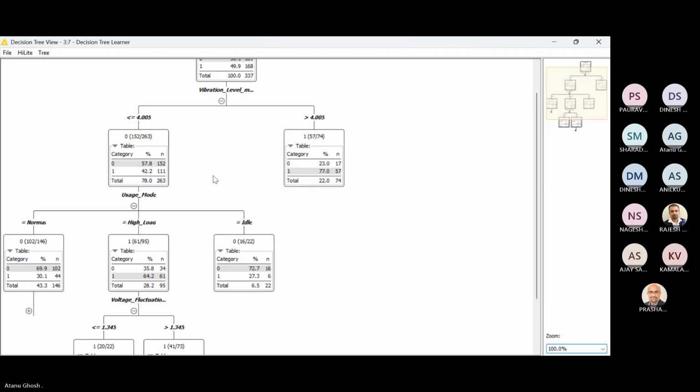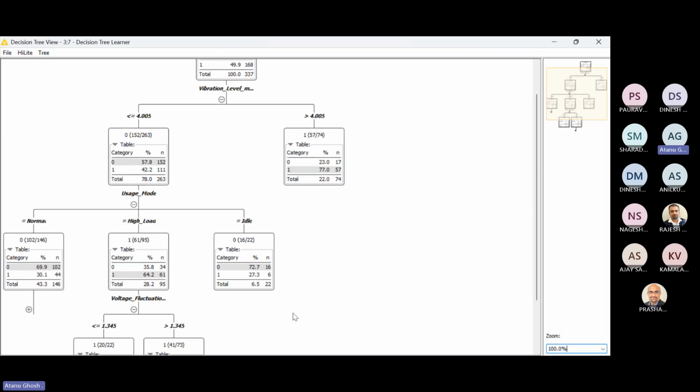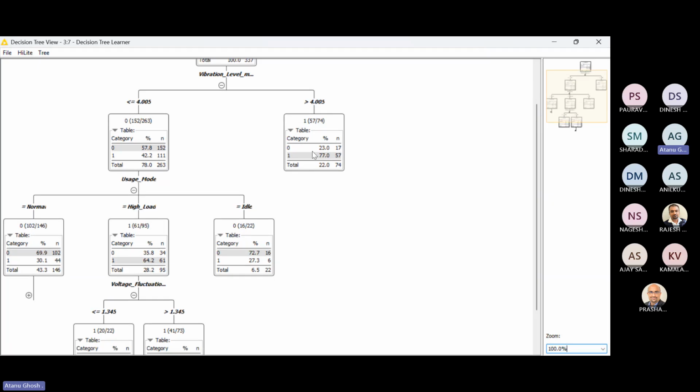So, given no constraint, the model will keep on branching till there is an information gain. In such a situation, these are called the leaf nodes. The end nodes are called the leaf node. This is a leaf node. This is a leaf node.